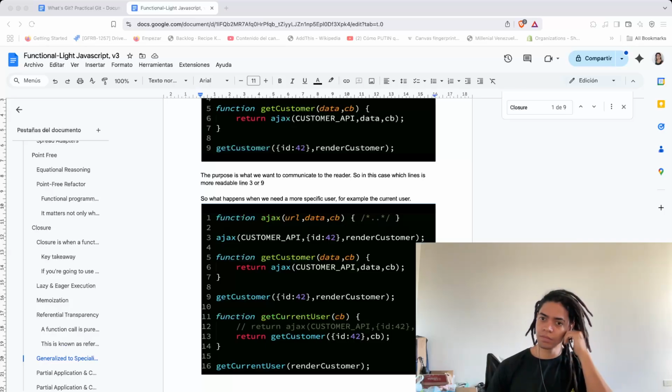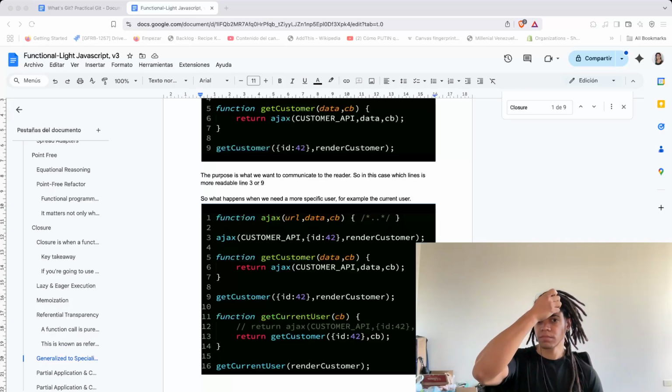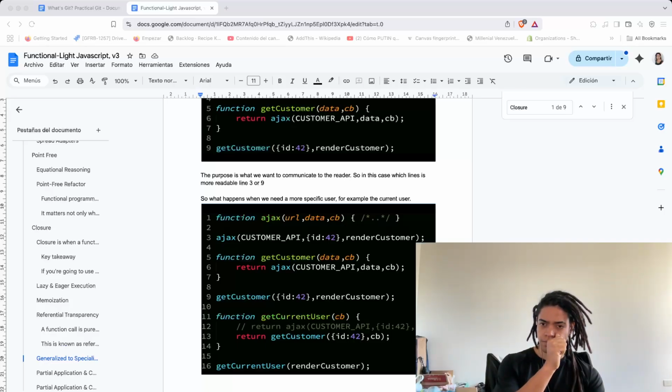It's more declarative. It is more declarative, but more specifically than that, it creates a clearer relationship. So the relationship.